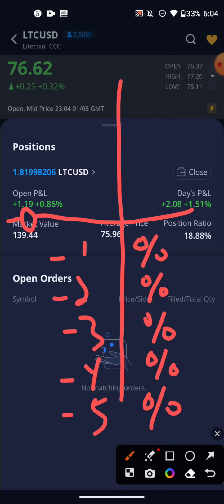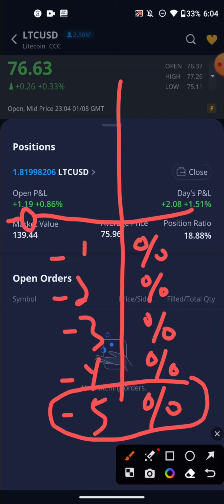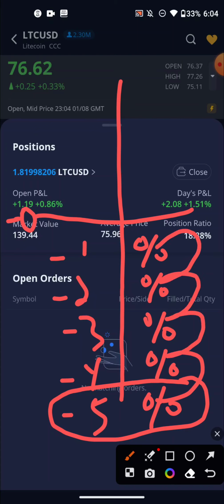The further down the position, the better for me. So I like to catch the positions while they're low. And as they're coming up, 1, 2, 3, 4. That's 4% already, right off the bat.